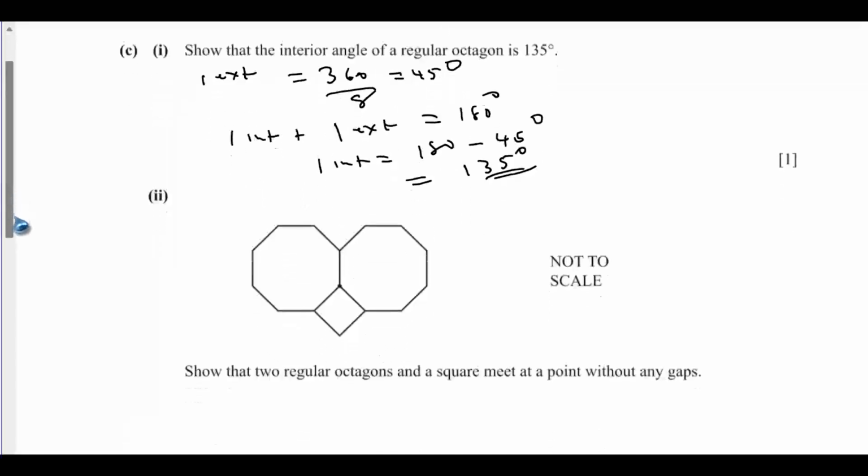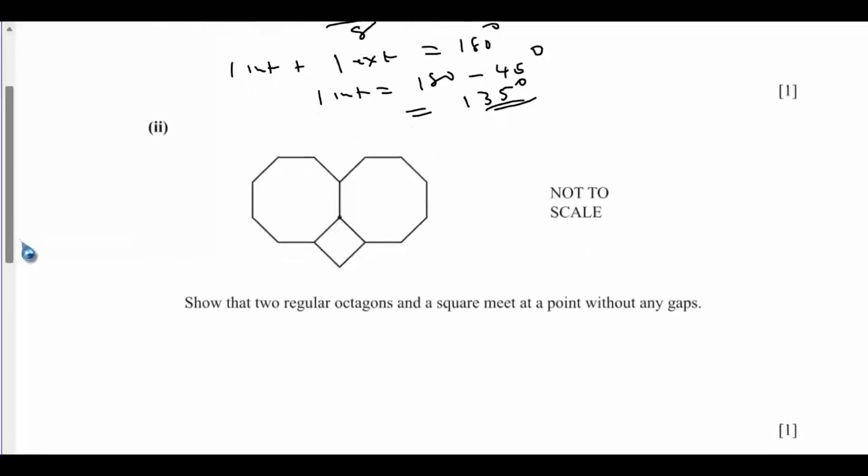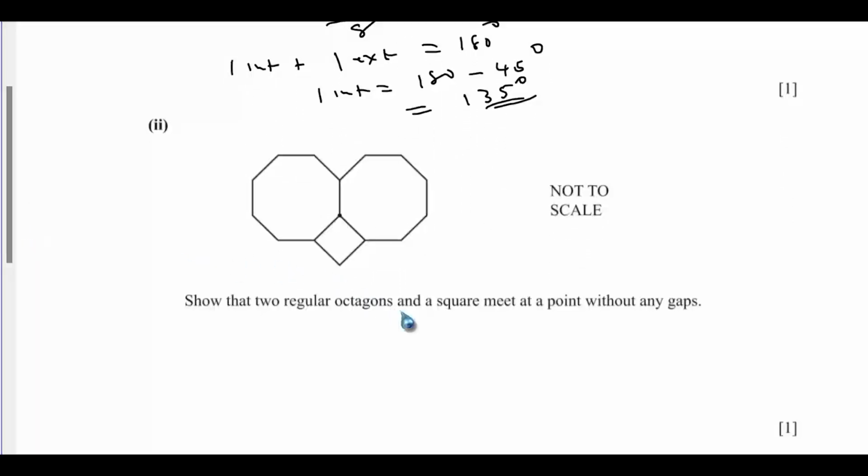Roman figure 2. Show that two regular octagons and a square meet at a point without any gaps. If they meet without any gaps, that means this and this should add up to 360 degrees.